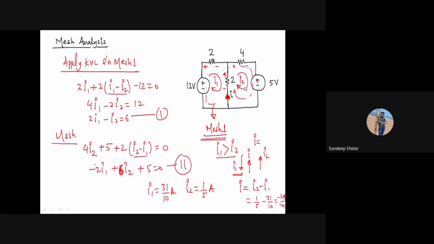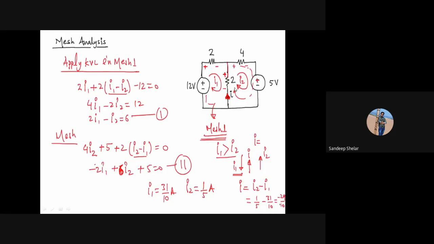Then the voltage is minus 12. The equation is 2I1 plus 2 into bracket I1 minus I2 minus 12 is equal to 0. Shifting 12 to the right hand side, 4I1 minus 2I2 is equal to 12. Then 2I1 minus I2 is equal to 6. Equation number 1.